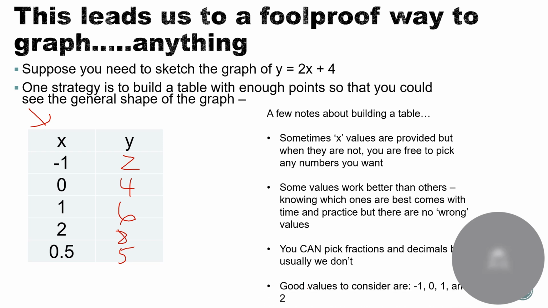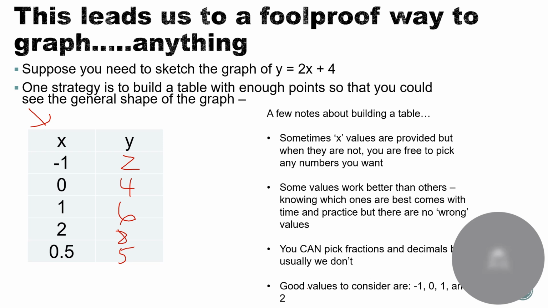And lastly, good values to consider are -1, 0, 1, and 2. Those are usually pretty reliable numbers to plug in. But sometimes odd numbers don't work and even numbers do.